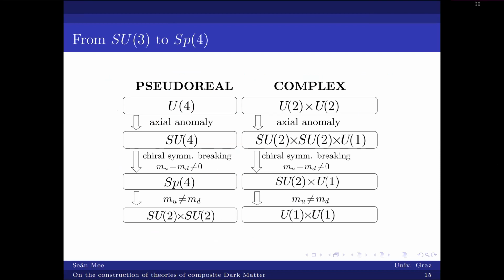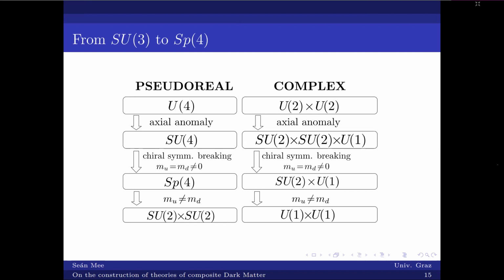But if not, all that this says is that, okay, when we write down our action for 2 fermions in a complex representation, we have this global U2 cross U2, which is broken to this subgroup by the axial anomaly, and finally to SU2 cross U1 by chiral symmetry breaking, so what I wrote before. Right? So in particular, how many generators here? 7 minus 4, 3 total Goldstone bosons for complex fermions.